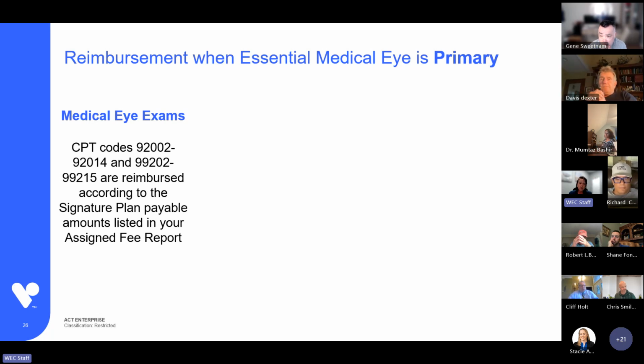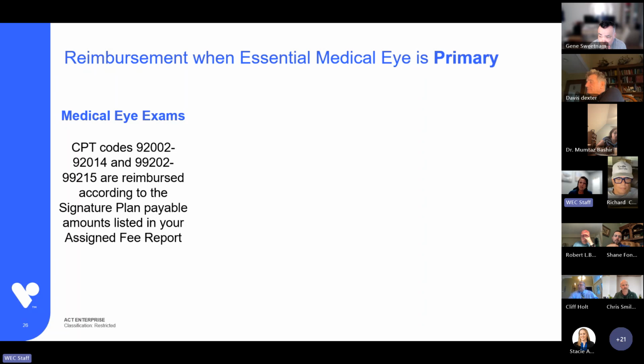It is really important that you know what your contracted assigned fee report fees are with VSP. And here's why. You may get paid more for a 99213 than you do a 92012. You need to know that, because as long as you meet the documentation requirements, you're going to want to bill whichever reimburses highest. Again, this only applies when essential medical eye care is primary.